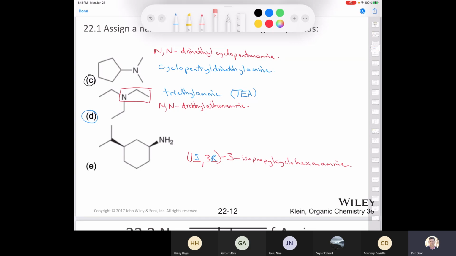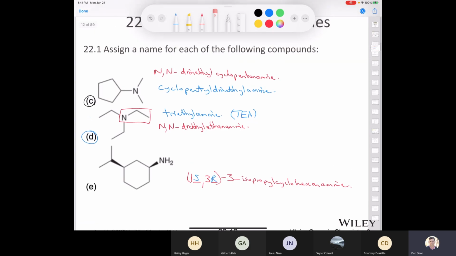You want me to tell you a trick that I always use when I'm naming amines? Whenever I was confused on amine nomenclature as a student, I would just think of an alcohol. How would I name this if it was an alcohol? If I had this compound and it was an alcohol, it would be a cyclohexanol derivative, right?